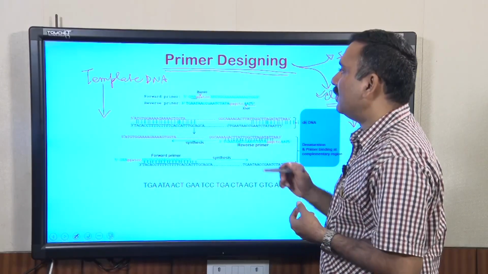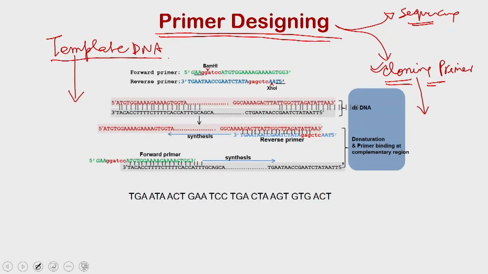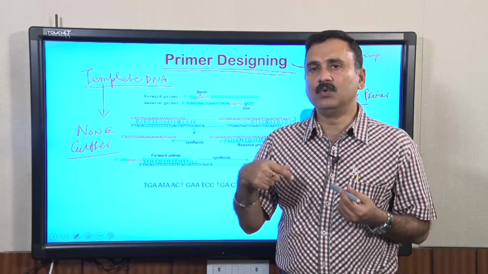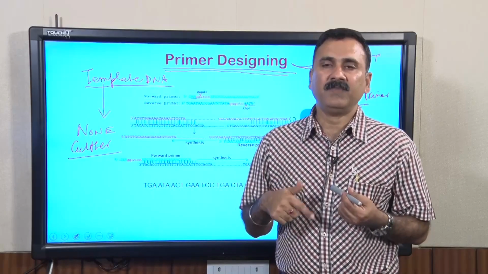So first you take your template DNA, the DNA from where you want to extract your gene of interest, and then you calculate the non-cutters, which means you have to find the restriction enzymes which are not going to cut your gene, because these are the restriction enzymes which you can use for cloning purposes.